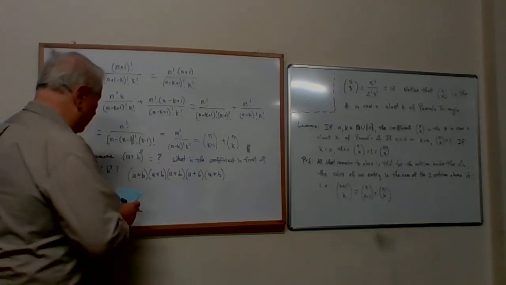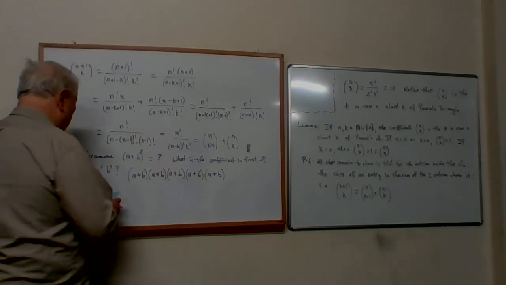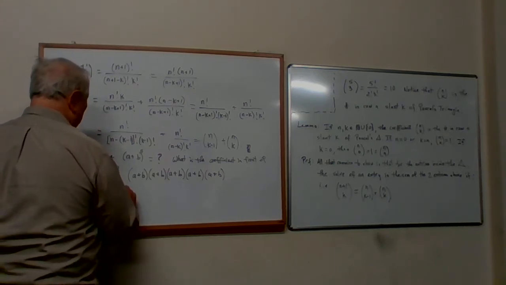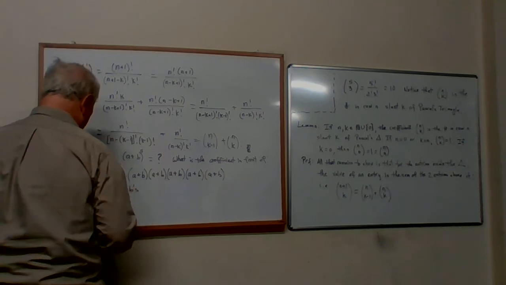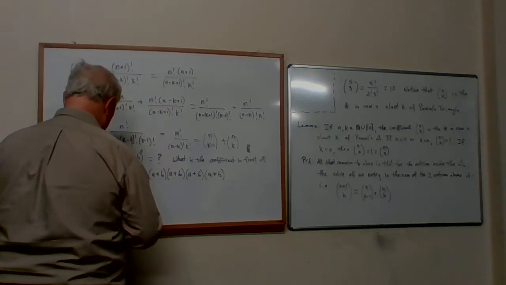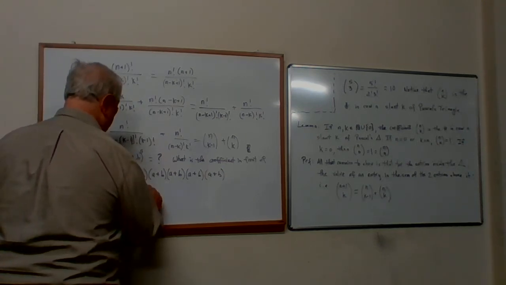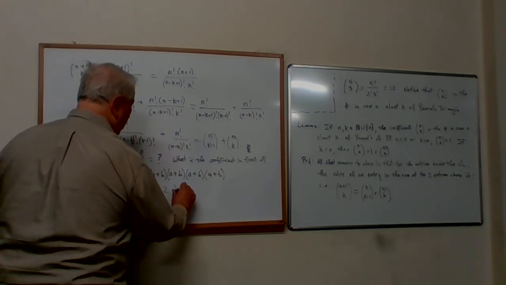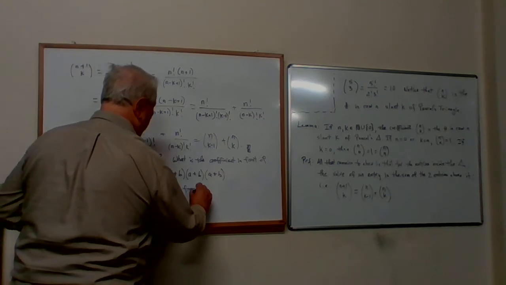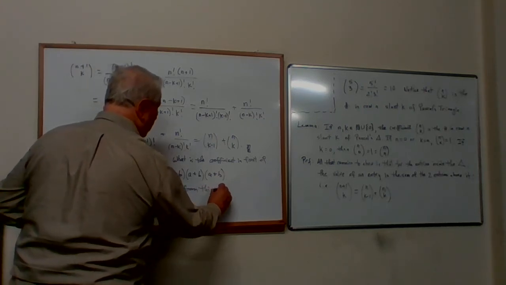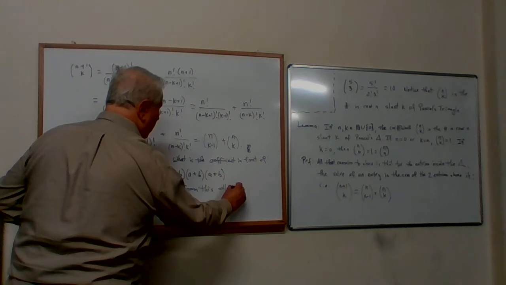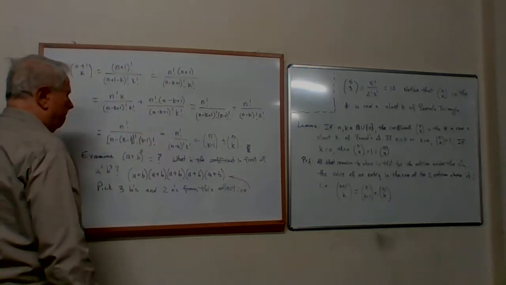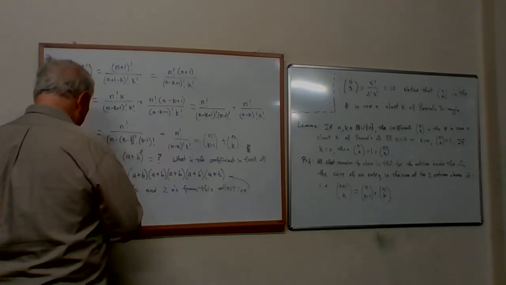And the answer is, pick 3 B's and 2 A's from this collection here. Well, and how many ways are there to do that?